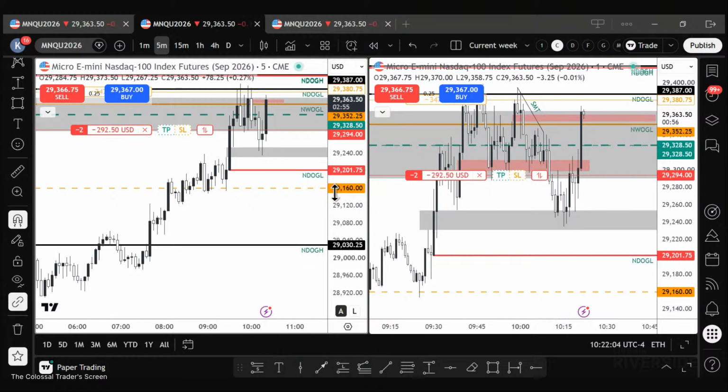Last straw. Let's see if we get that resistance. I'm not a fan of this movement at all. This to me is a push higher. That's incoming.